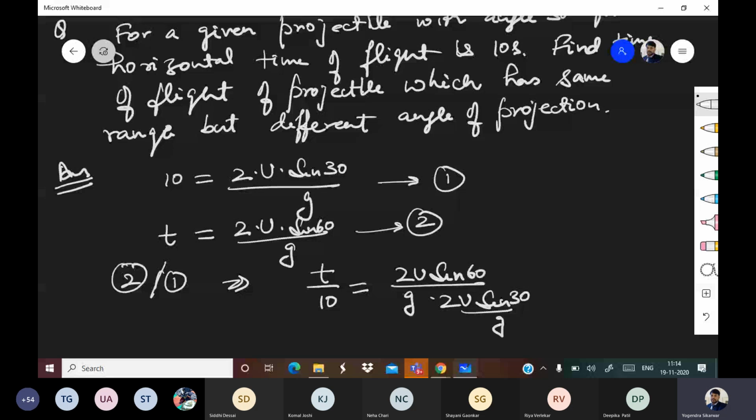So you can see these g's are cancelled, 2u are cancelled. So t comes out to be 10 into sine 60, which is root 3 by 2, into sine 30, which is 1 by 2. Again this 2 is cancelled. So t comes out to be 10 root 3 seconds.